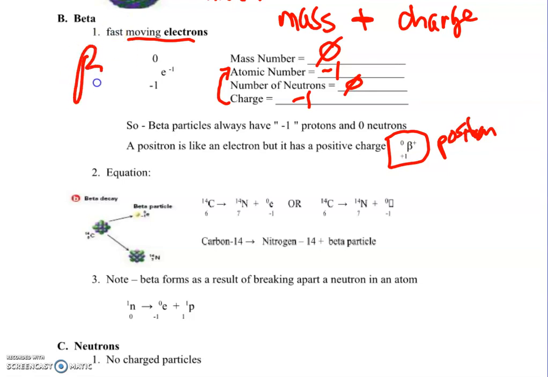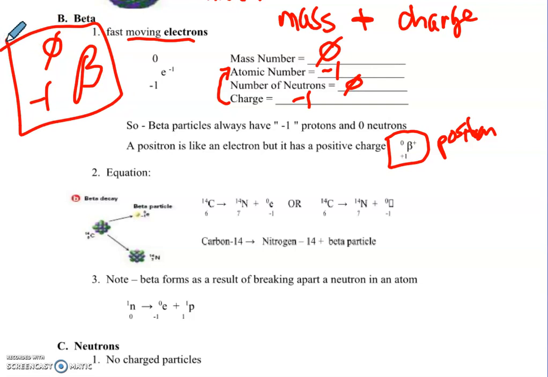We're going to use this beta symbol. It's the Greek letter. Mass is 0, charge is -1. So that is your beta particle. The opposite of a beta particle, it's like an opposite electron. So we call it a positron. If you can guess from that name, it's the same thing as an electron, but it has a positive charge.